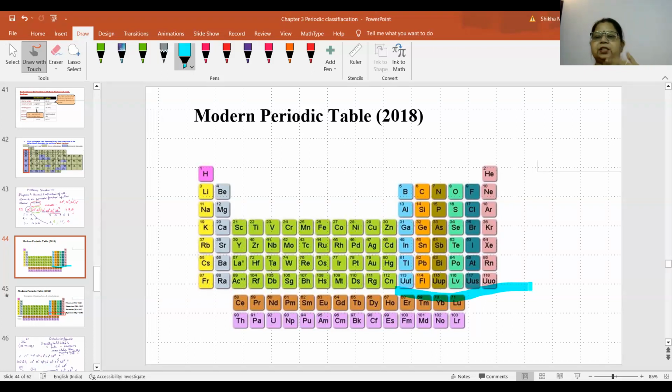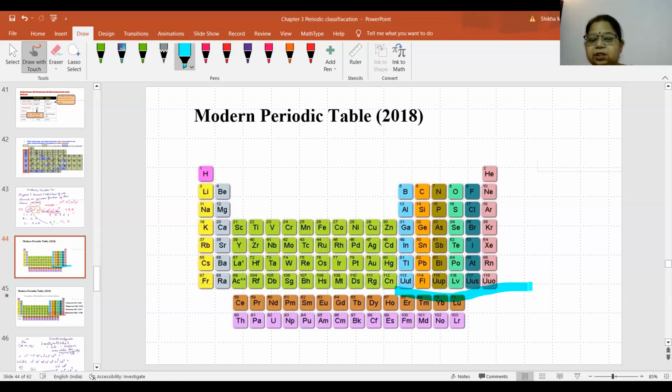Whenever an element is discovered by various scientists, they have to submit all the records which they have created to IUPAC. They assign and approve the element, and only then is it known to us as an officially recognized element.